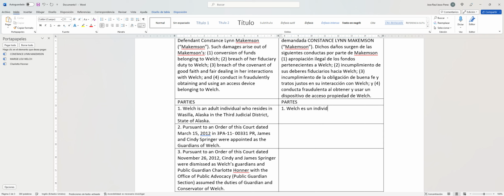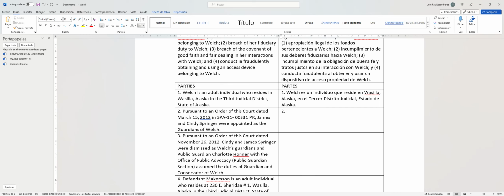Un individuo que reside en Wasilla, Alaska, en el tercer distrito judicial del estado de Alaska.